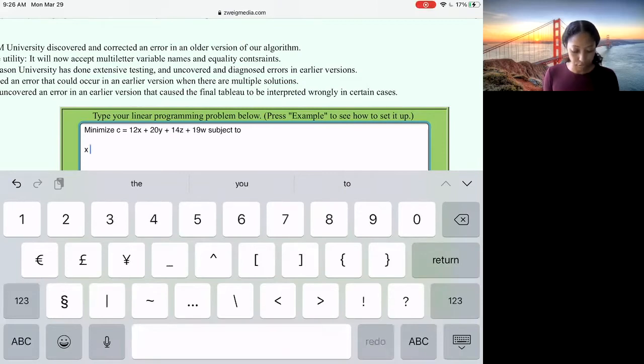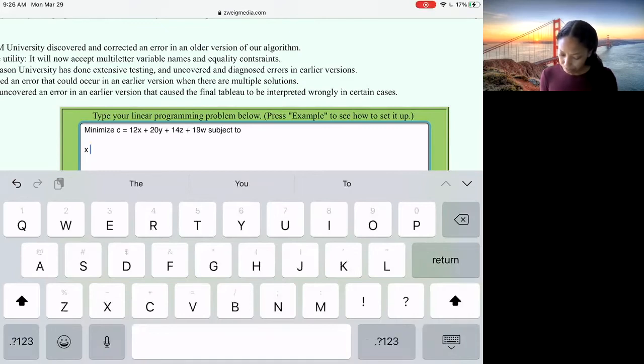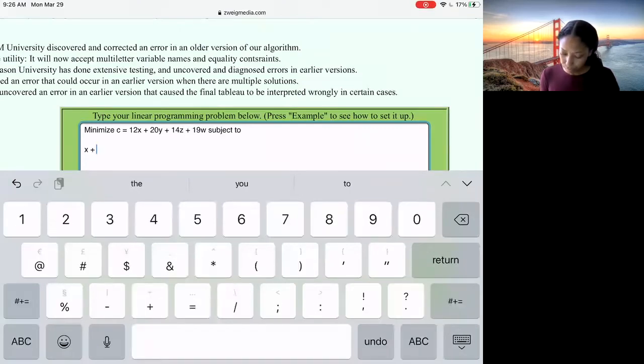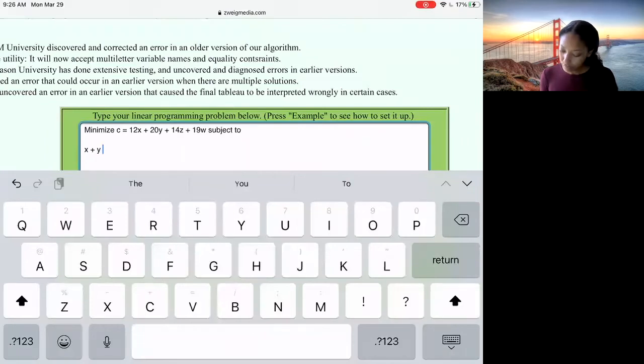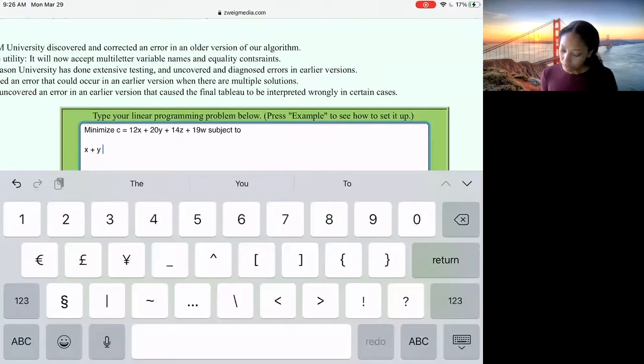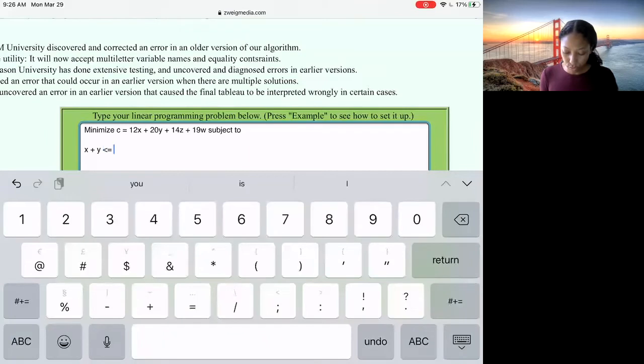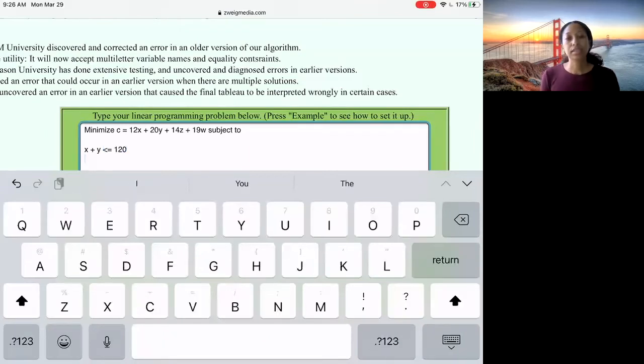The first constraint was x plus y is less than or equal to 120. That's the constraint on the Texas units.